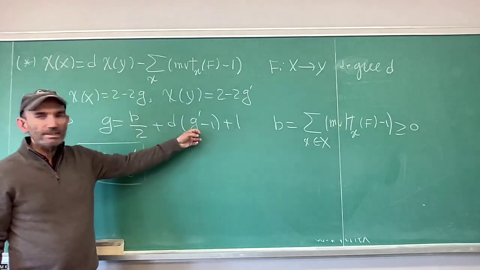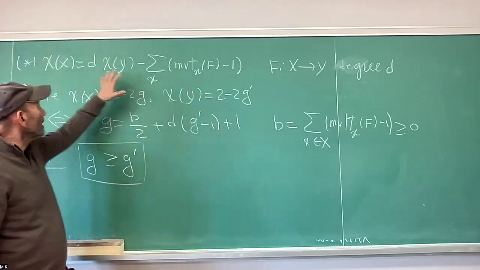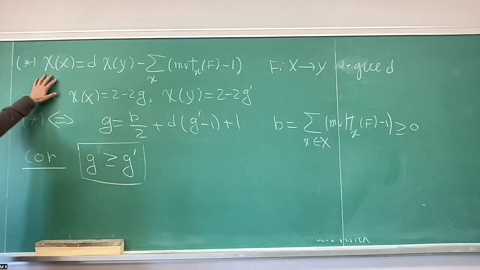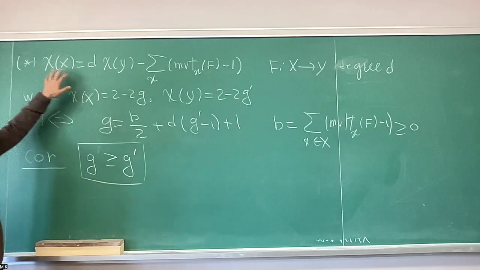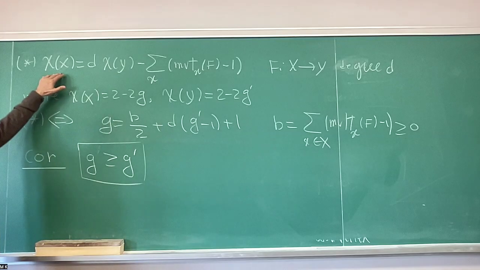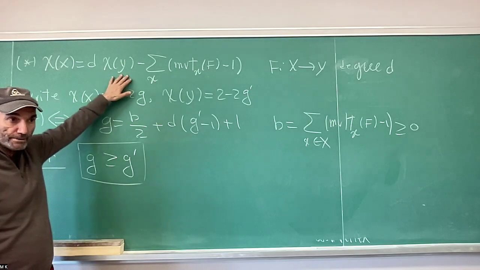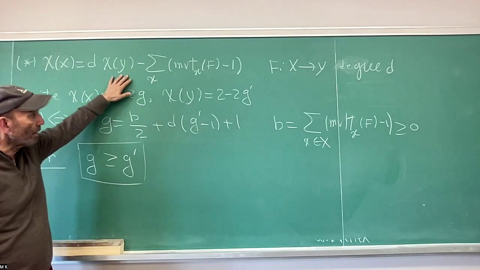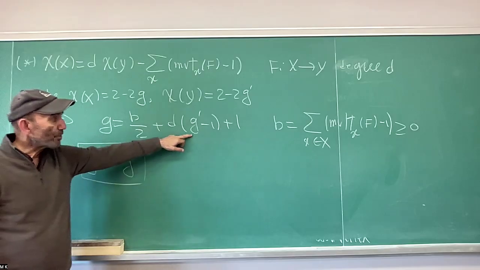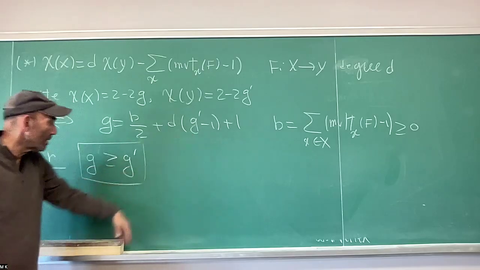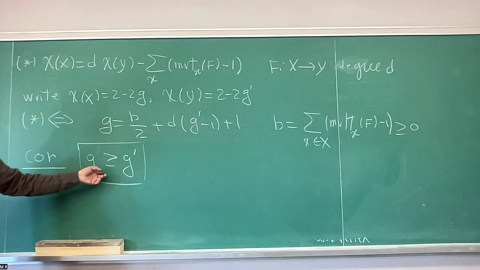G is the genus of X. G prime is the genus of Y, right? If G prime is 0, then of course G is also bigger than or equal to 0. There's no problem to worry about that.